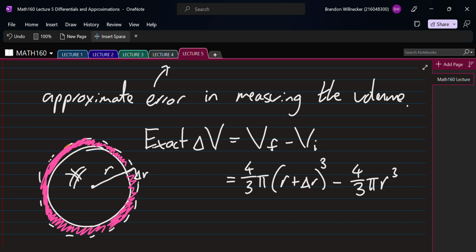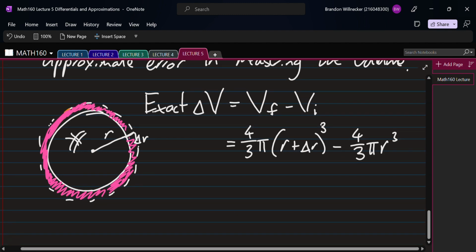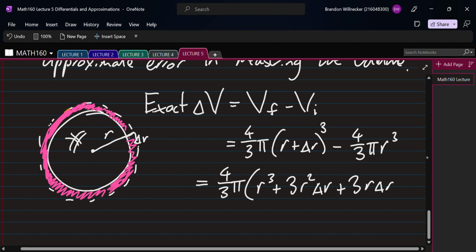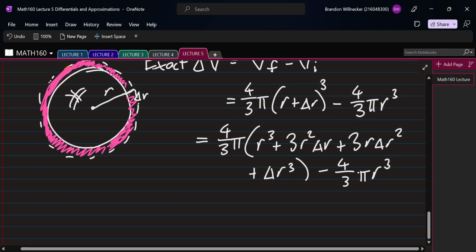So what we can do now is expand out that binomial, the (r plus delta r) cubed, and then we can simplify some things. So this is going to be 4 over 3 pi, expanding this out, we're going to get r cubed plus 3r squared delta r plus 3r delta r squared plus delta r cubed, and then we need to minus that smaller one, 4 over 3 pi r cubed.